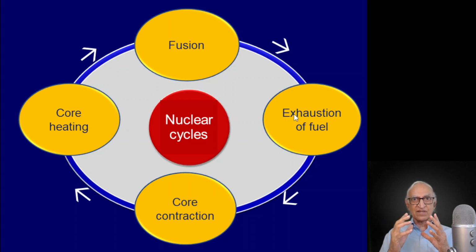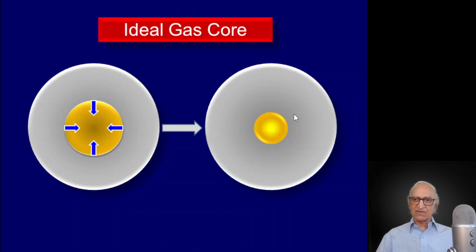Remember our equation of hydrostatic equilibrium? dP/dr is equal to minus G m rho by r squared. If there is no energy being generated in the core, then gravity will become stronger in comparison to when the core was generating energy, and therefore gravity will try to squeeze the core to a smaller radius. Now let us examine what will happen to such a contracting core.